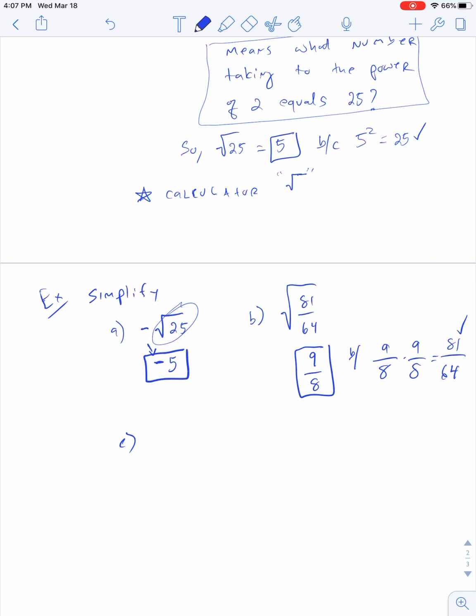And one last example, how about square root of negative 25? This is an example where we do not get a solution or a number does not exist.